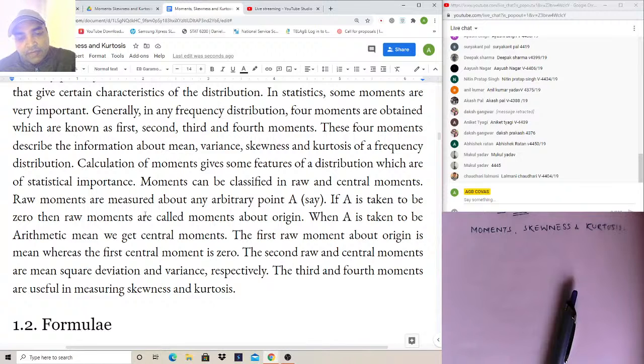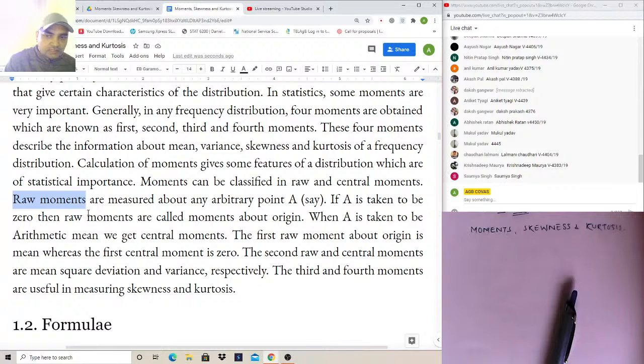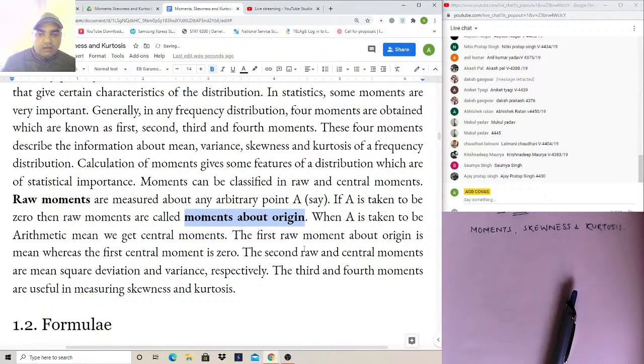Moments can be classified into raw and central moments. Raw moments are measured about any arbitrary point. If a moment is calculated about any arbitrary point, then it is said to be a raw moment. If it is taken around zero, then the raw moments are called moments about the origin.